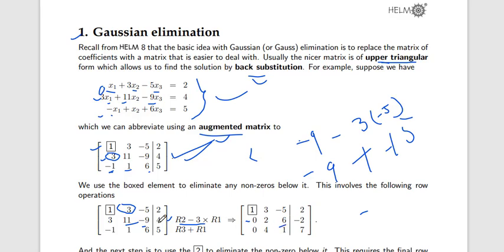Here we get 6. We do this operation for the last column also: 4 minus 3 multiplied by 2. Here R1 is 2, so 3 into 2 is 6, and 4 minus 6 is equal to -2. Okay, so now the first operation is done.